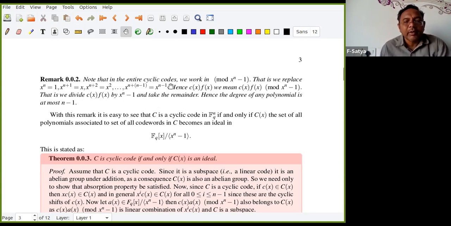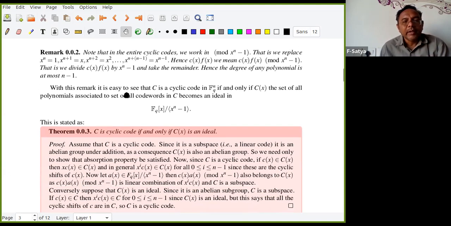Hence, the degree of any polynomial is at most n minus 1. Now, with this remark, it is easy to see that C is a cyclic code in F_q^n if and only if the set of all polynomials associated to the codewords in C becomes an ideal here.